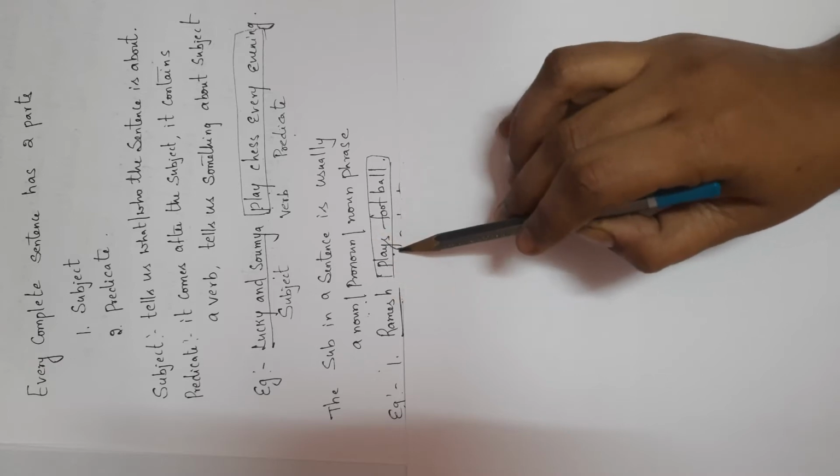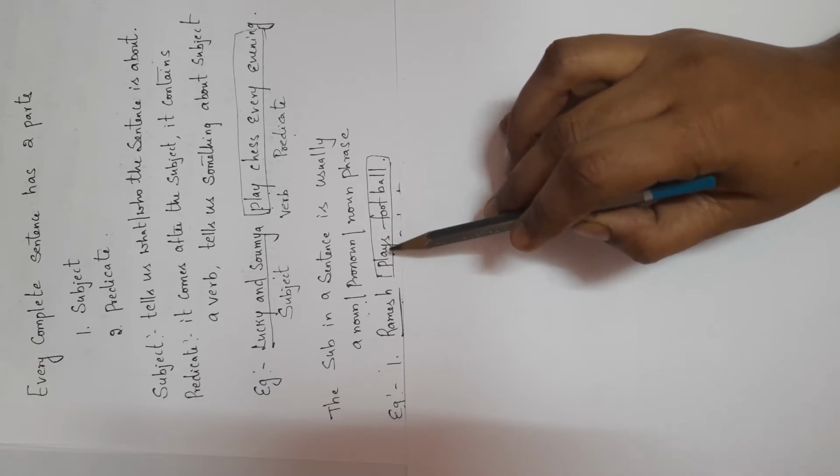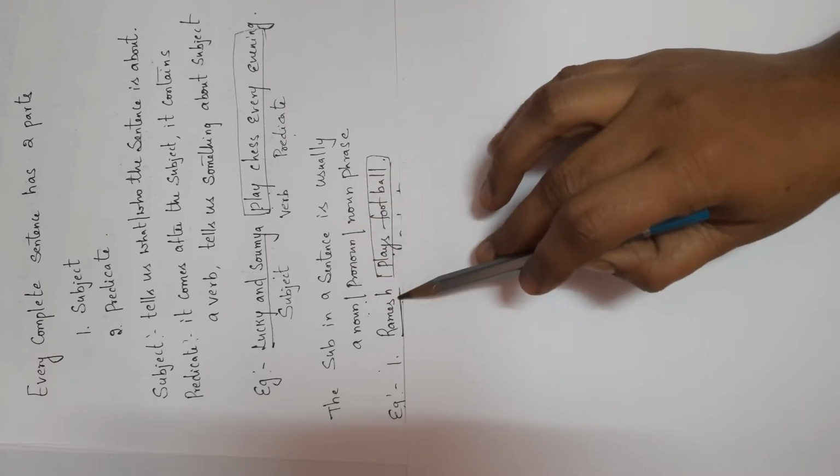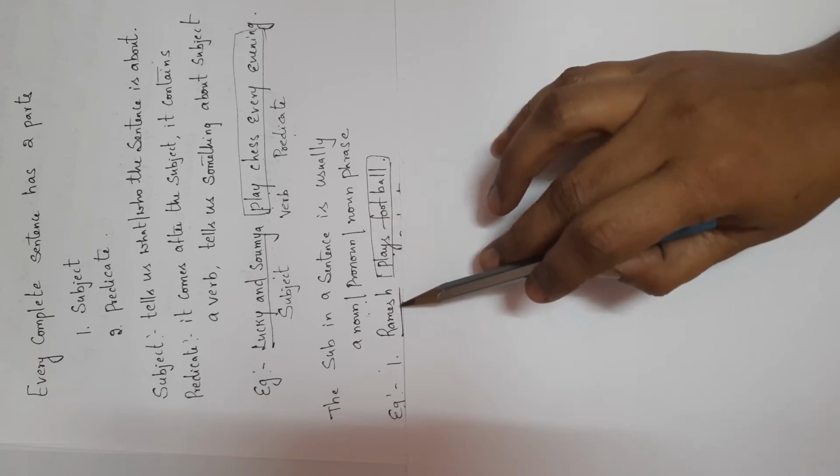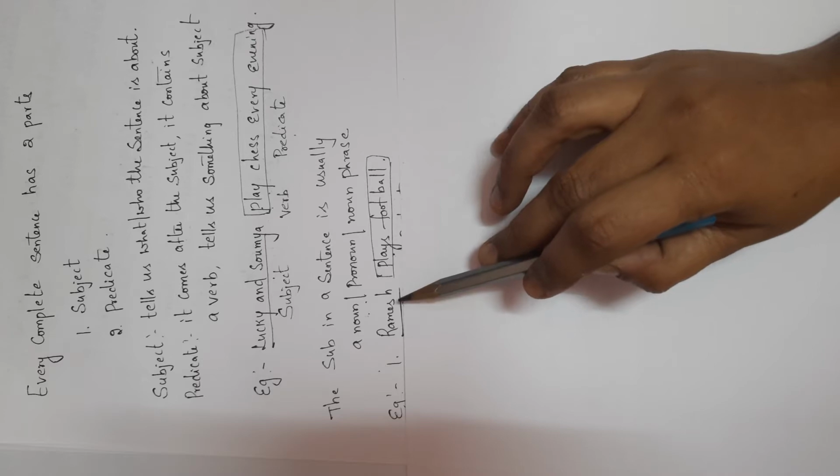Predicate comes after the subject and it contains a verb. What is verb here in the sentence? Plays. And this predicate tells about the subject that Ramesh plays football. So subject in a sentence is usually a noun. Here Ramesh is subject and it is a noun.